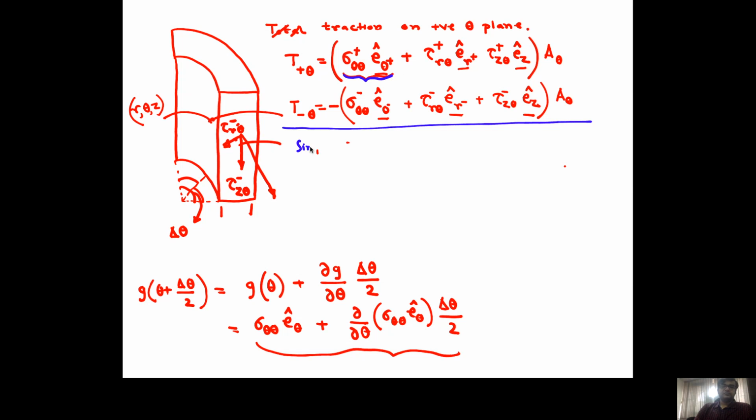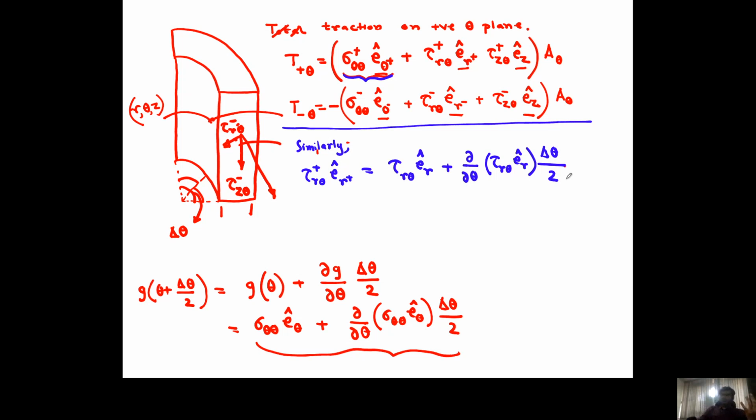Similarly, what do we have? We can write tau r theta plus e r plus hat. And similarly, this is equal to tau r theta e r hat plus del by del theta of tau r theta e r hat, and then delta theta by 2.